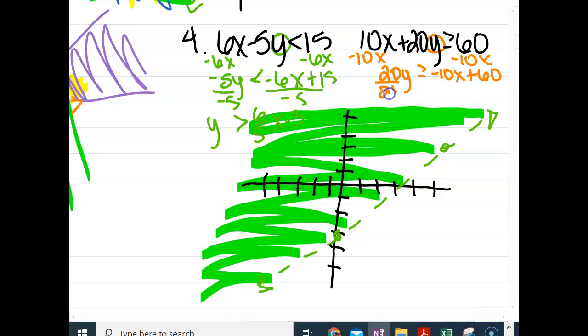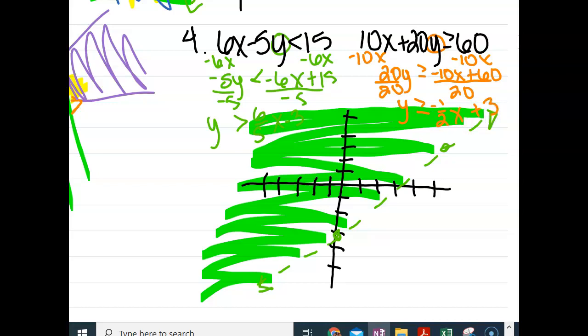Now when I divide by 20, we have y is greater than or equal to. When you do negative 10x over 20, it doesn't divide out evenly, but you can reduce that. You don't want to leave it as 10 over 20. What would 10 over 20 reduce to? Negative 1/2 x. And then 60 over 20 would give you a plus 3.